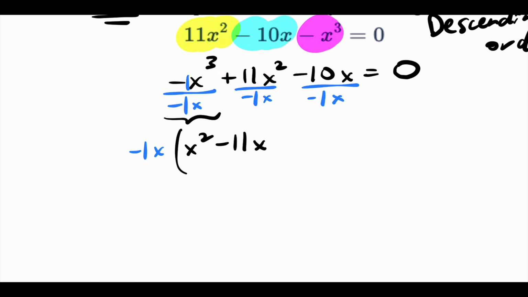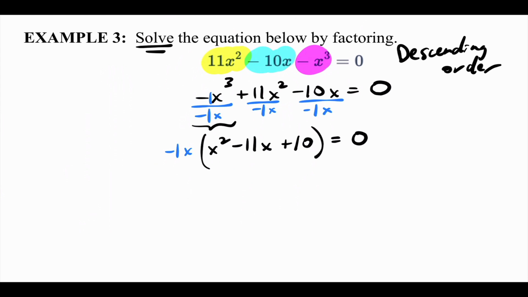And then I take away a power, I'm left with x. And then the last one, -10, or -1 divided by -10 makes +10. Take away x, I don't have any x's left. Done with step 2.